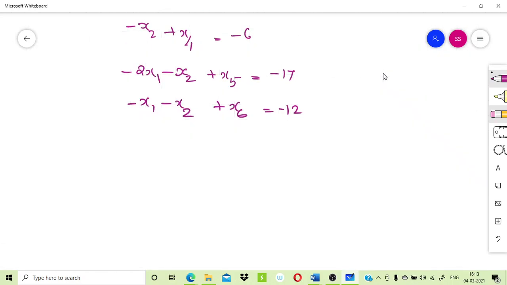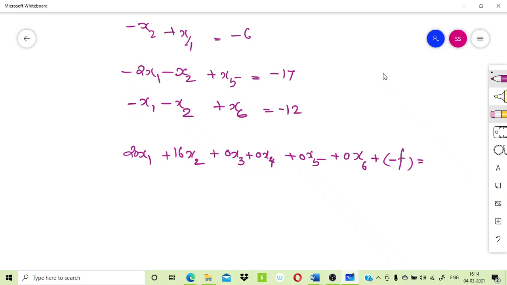And finally we have the canonical form containing the objective function 20x1 plus 16x2 plus 0x3 plus 0x4 plus 0x5 plus 0x6 minus f equal to 0.